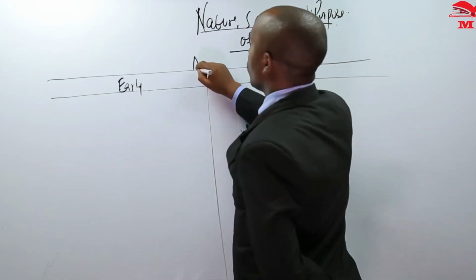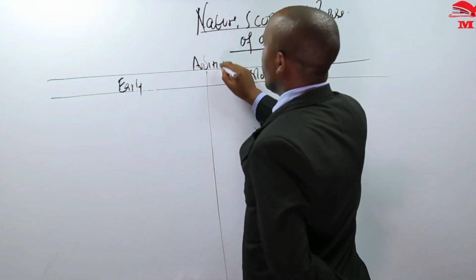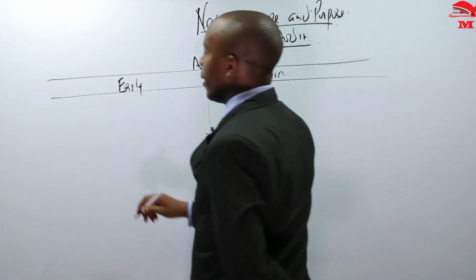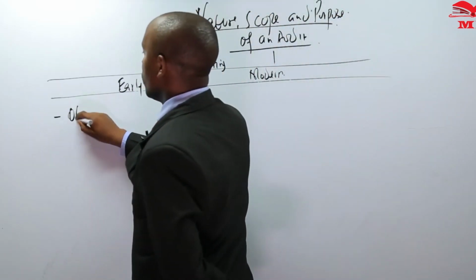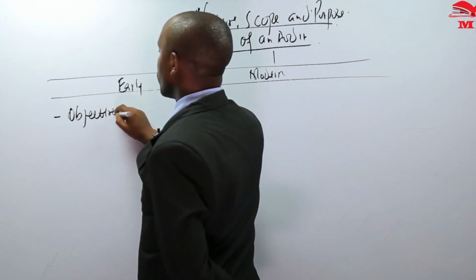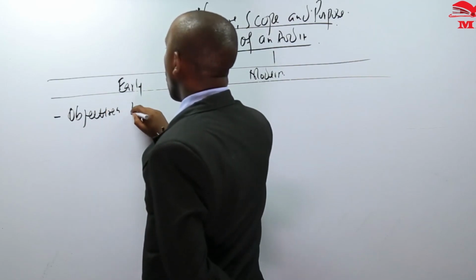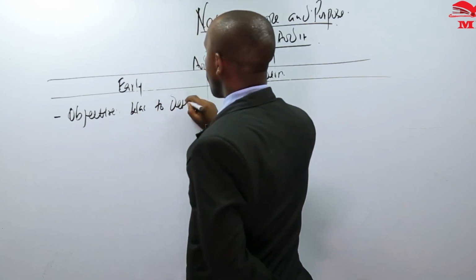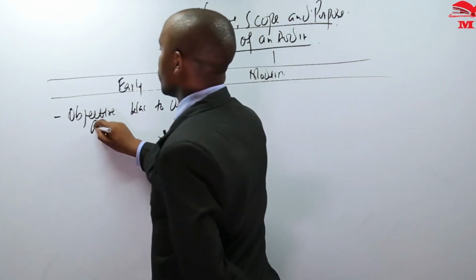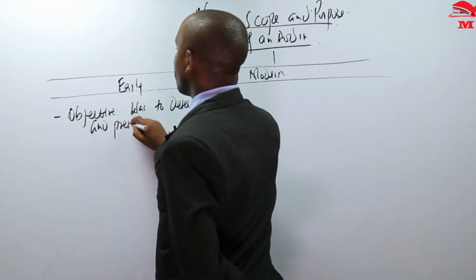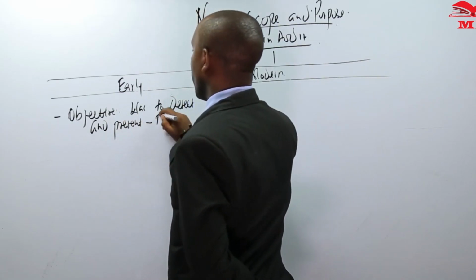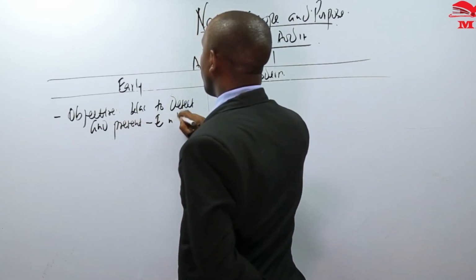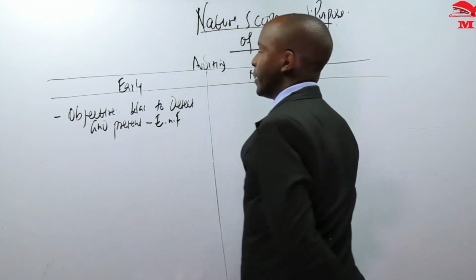In auditing, we say what used to happen in early auditing was, one, the objective was to detect and prevent errors and frauds on a timely basis.